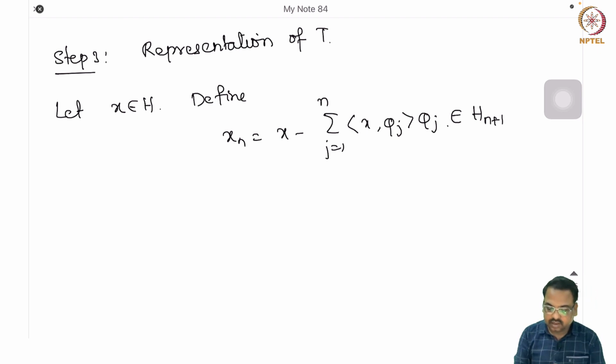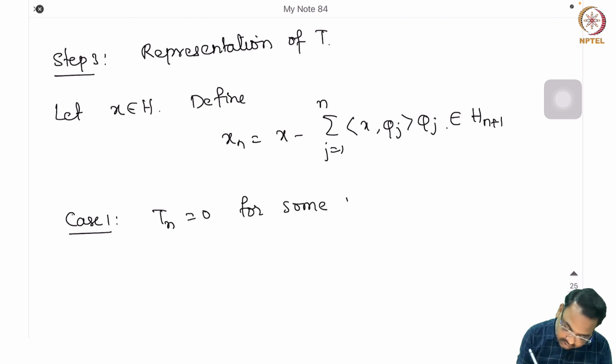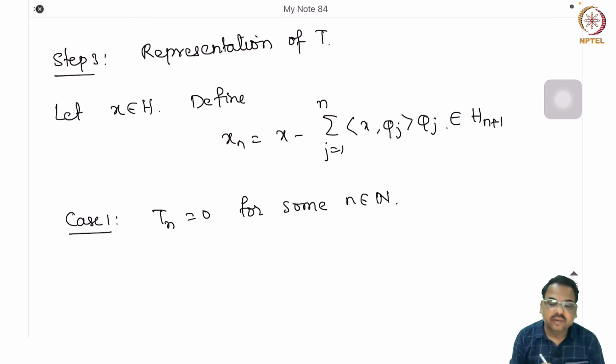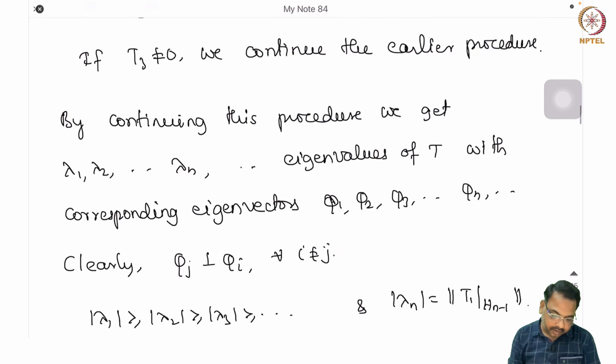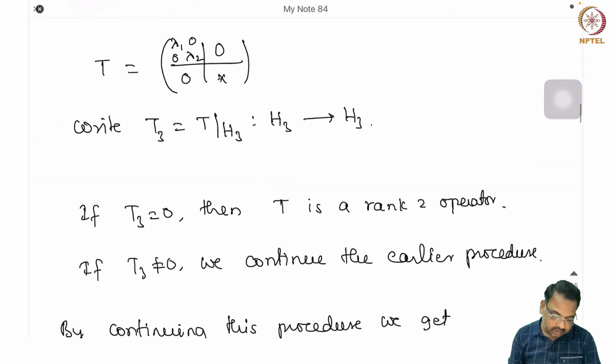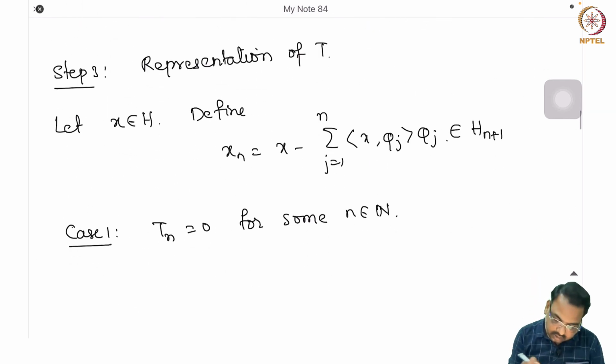Now let us look at case 1. So Tn is 0 for some n, because in the procedure it may be possible that Tn is 0 after some stage. Now Tn is nothing but T restricted to Hn. So here we take xn minus 1 as an element of Hn.